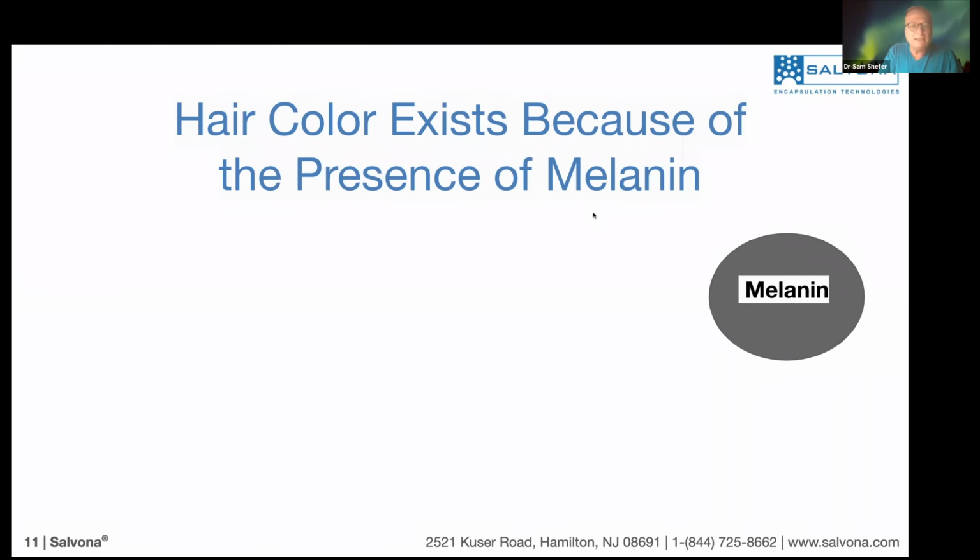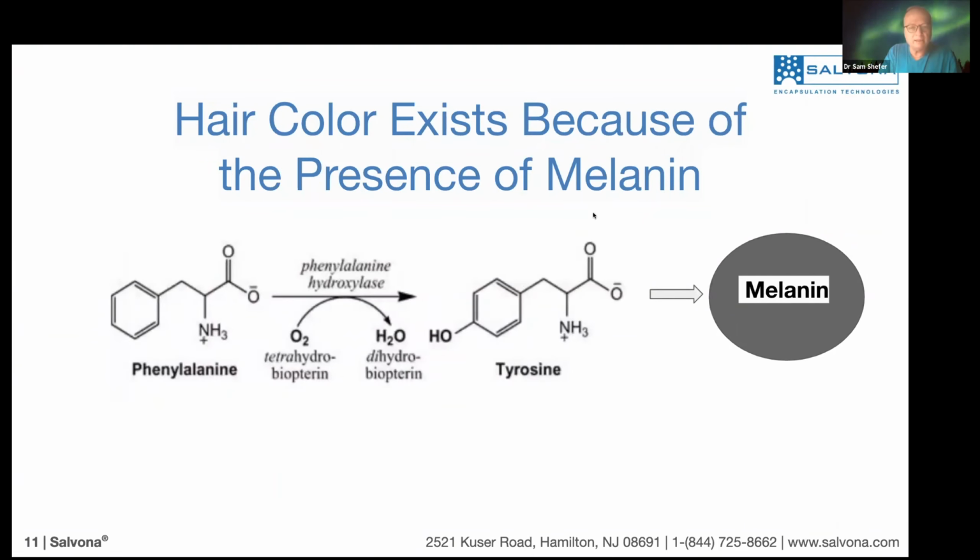So melanin, as we said, is the molecule that forms the hair color, and the melanin is synthesized in a process that starts with phenylalanine, which gets oxidized into tyrosine. Tyrosine is a non-essential amino acid. The tyrosine then becomes melanin.